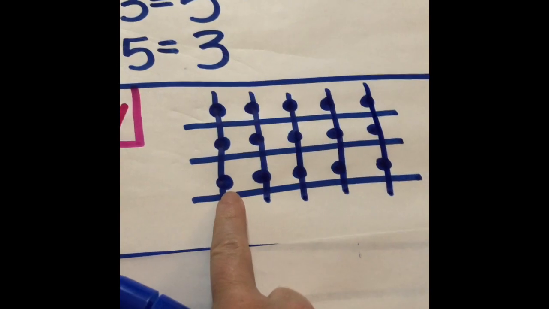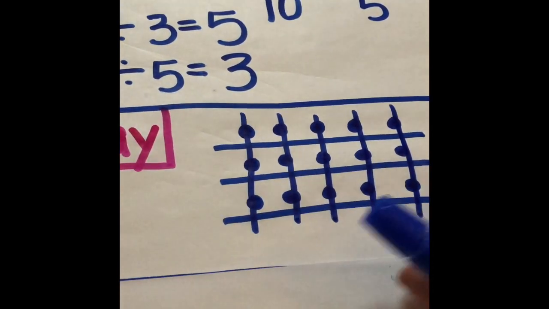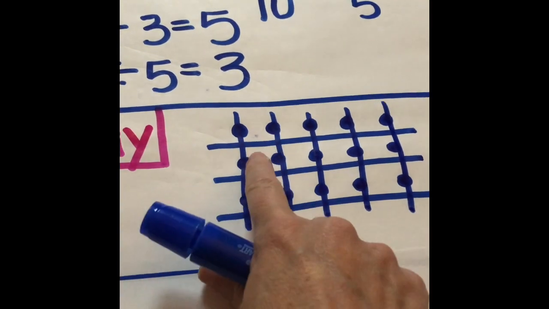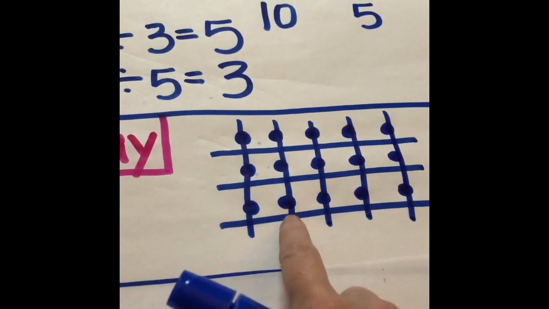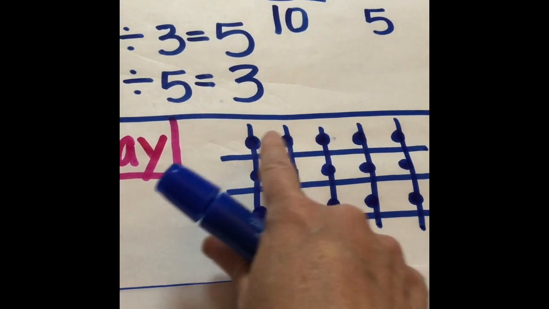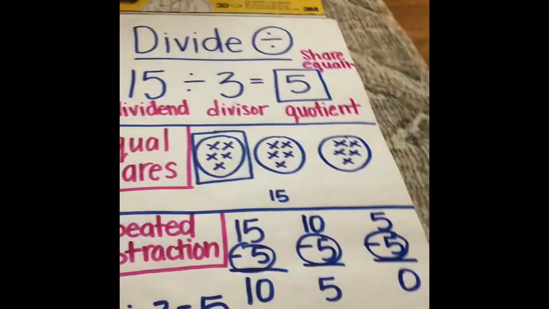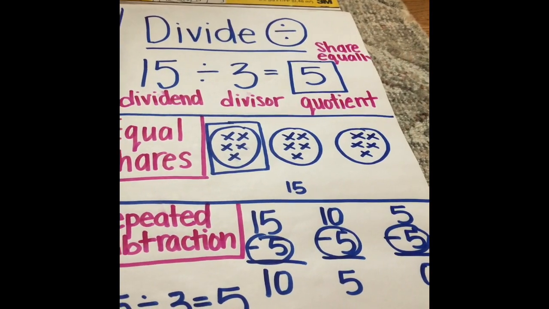So now I know that my quotient, because I drew my 3 rows and I counted up to 15, sharing equally, I know that I had to draw 1, 2, 3, 4, 5 columns, which is going to give me my quotient of 5.